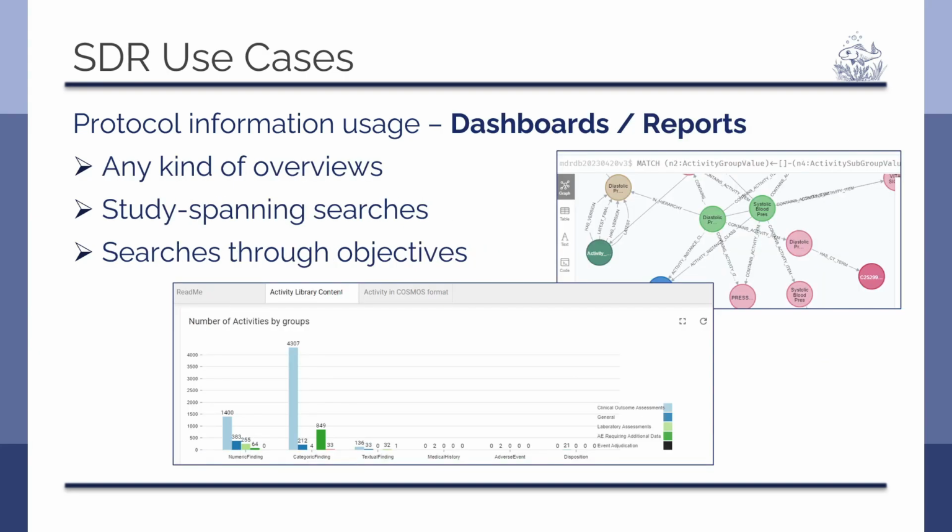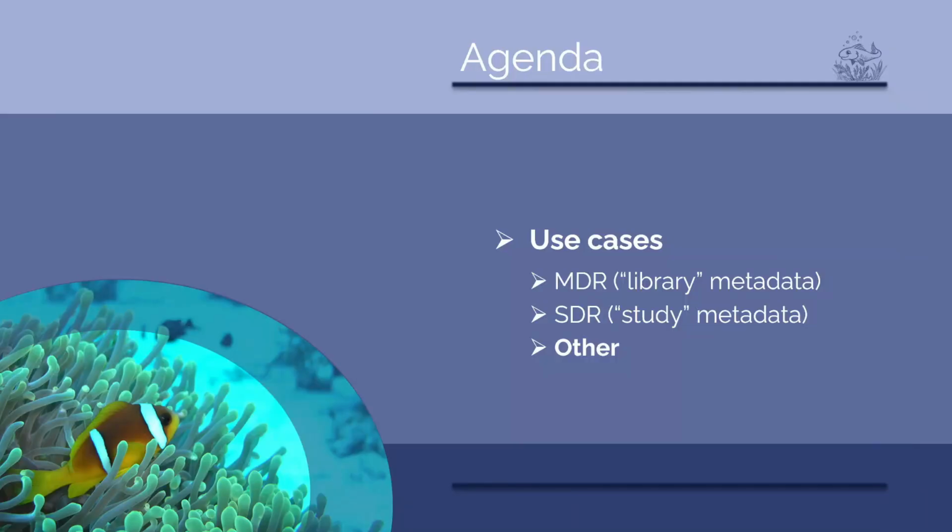So you could use it for dashboards or reports. You can simply do study spanning searches or search through all objectives. Give me all the studies which use placebo as a comparator arm. So these have been the use cases also for the study definition metadata.